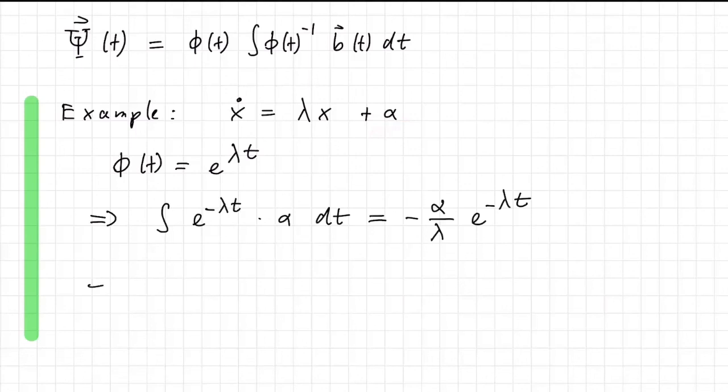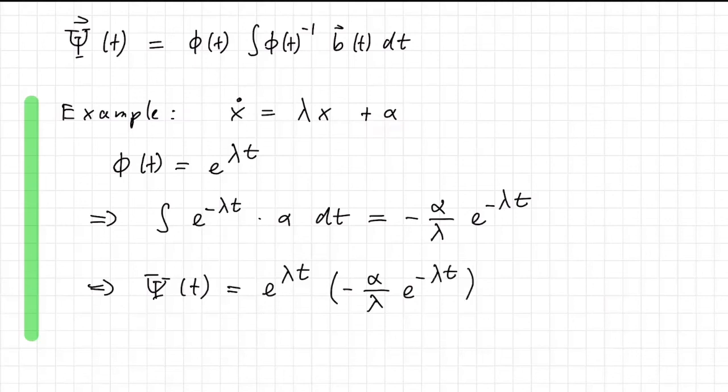And with that, we now easily find the solution of the inhomogeneous system, which is given by phi of t, which is e to the lambda t, times the integral that we just computed, which is minus alpha divided by lambda e to the minus lambda t. And this is just minus alpha divided by lambda. So with that, we see that the general solution is given as x of t equals c times e to the lambda t minus alpha divided by lambda.